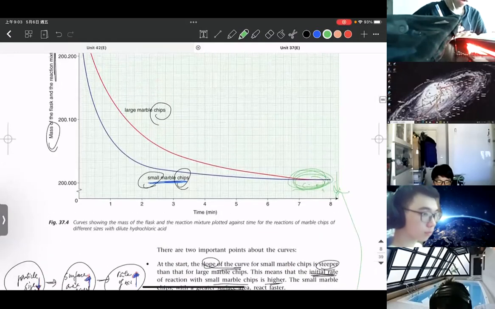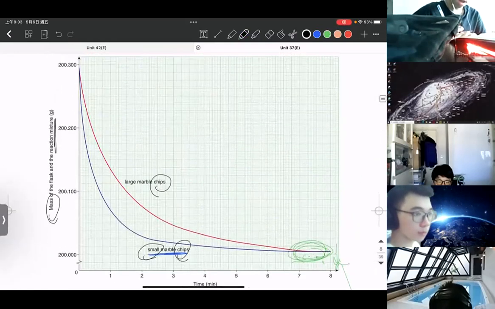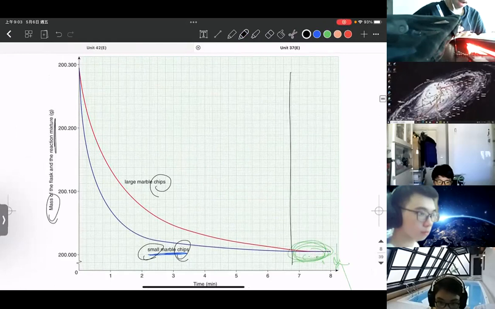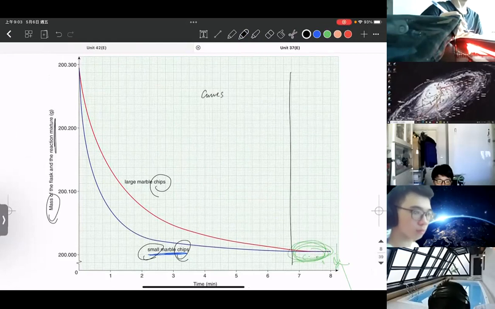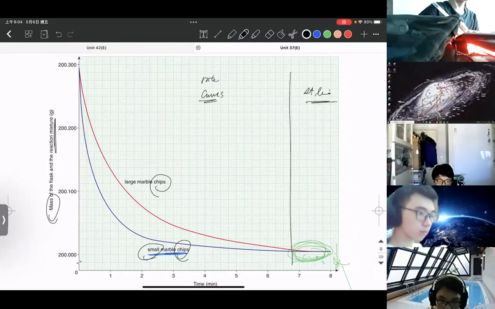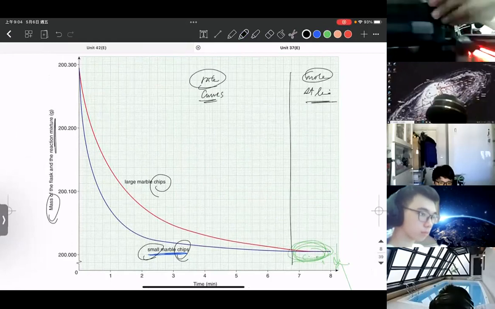So again, I am trying to say in a sentence that you are going to split the curve into two: the one with curves, and the one with straight line. Now, they mean different things. For curves, you talk about the rate, while for a straight line, you talk about the number of moles.